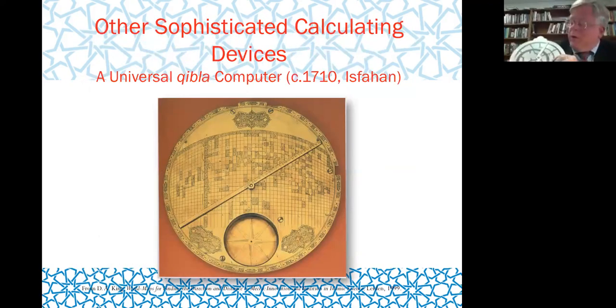The Islamic world is also noteworthy for developing other kinds of instruments, like this complicated computer, which determines the Qibla direction to Mecca, the direction that Muslims must face when praying, which is a complicated problem in spherical trigonometry, but here it's been reduced to an analog computer.